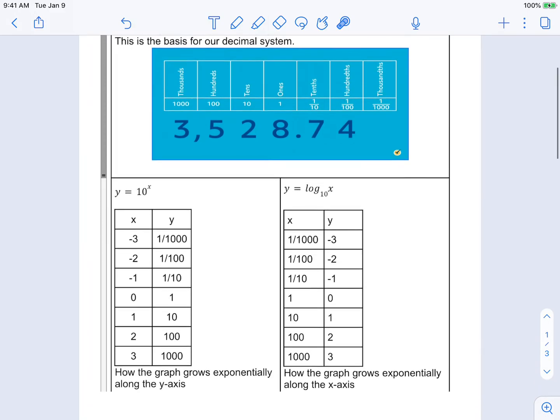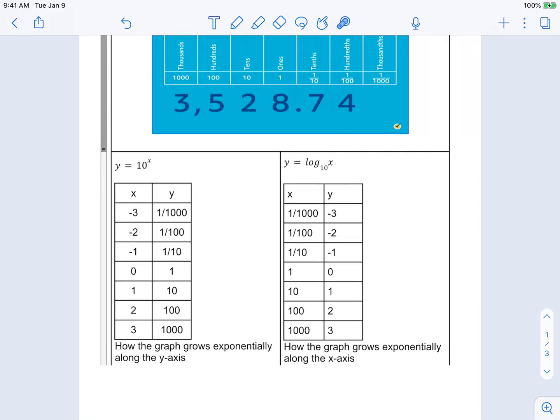I'm going to use log base 10 to describe a little of what we're talking about. I'm going to start with an exponential of 10. In this equation, I have an exponent with a base of 10, so I want multiples of 10. I made a table where I put in different values for my x, and when I do, it changes my output.